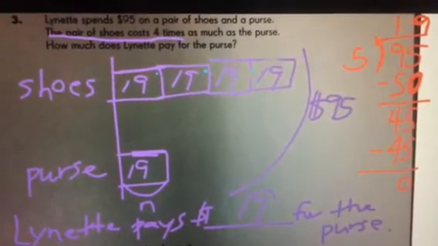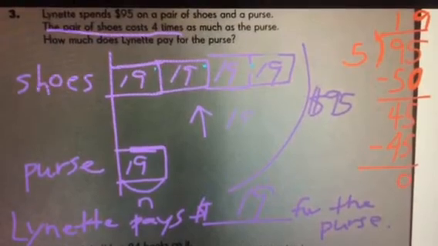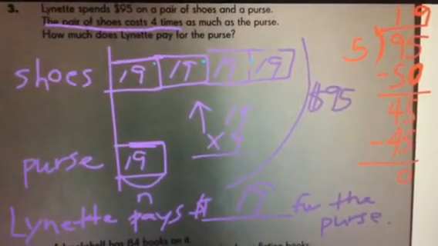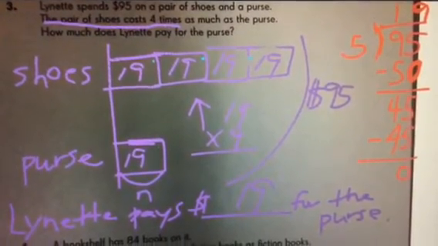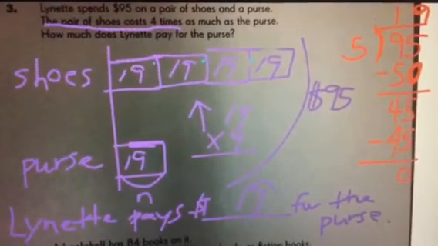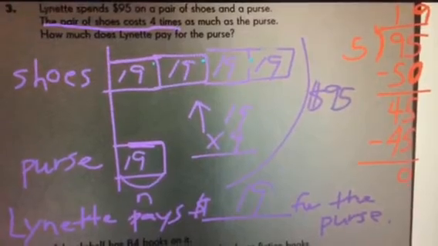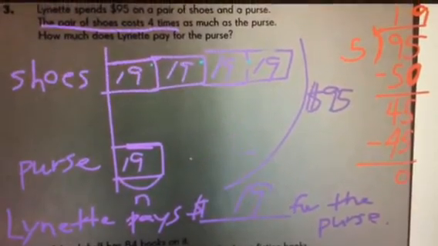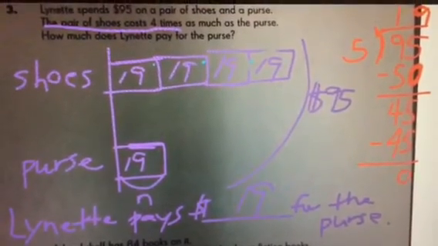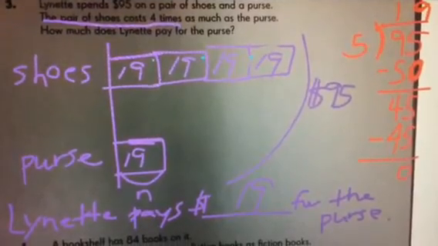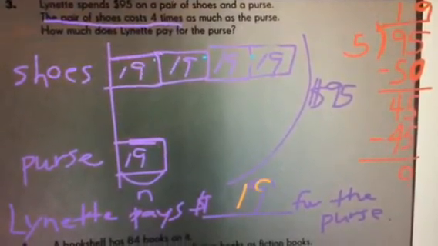Some of you thought that you had to do 19 times 4. No, you did not, because the unknown number that we're trying to find was the cost of the purse, not the shoes. So you did not need to do that. So the answer for the purse was simply $19.